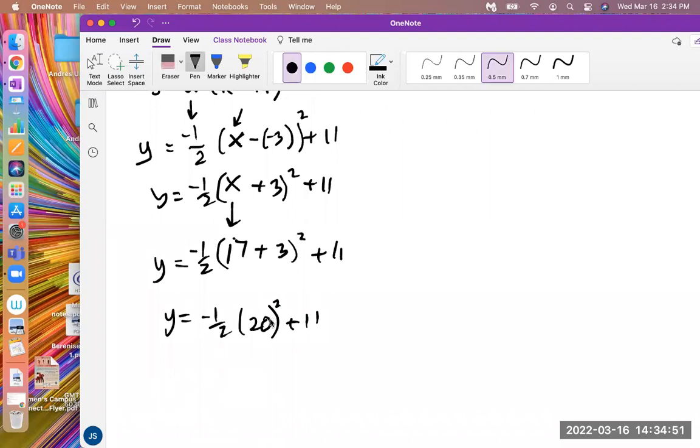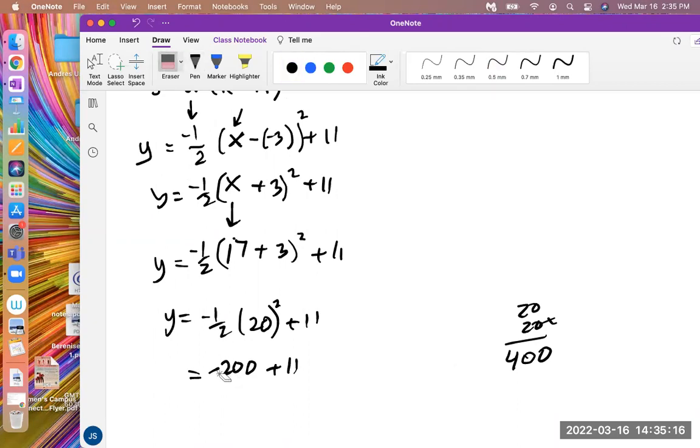So 20 squared means 20 times 20, which means 2 times 2, which is 4, and then I take the two zeros and add them down. So it's 400. Then times a negative 1/2, that would cut it in half and make it negative. So it would be negative 200 plus 11.